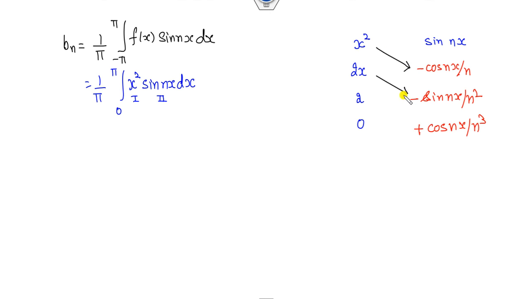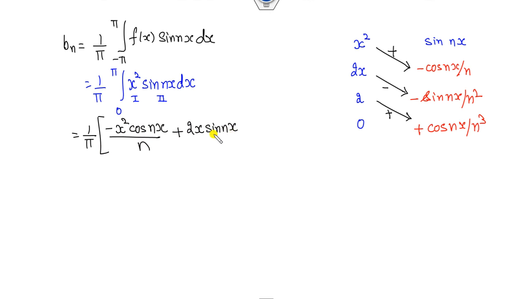Multiply this and this with the positive, negative and positive signs. So it is 1 over pi. So it is minus x square cos nx over n, minus minus plus 2x sine nx over n square, and plus cos nx over n cube, from 0 to pi.